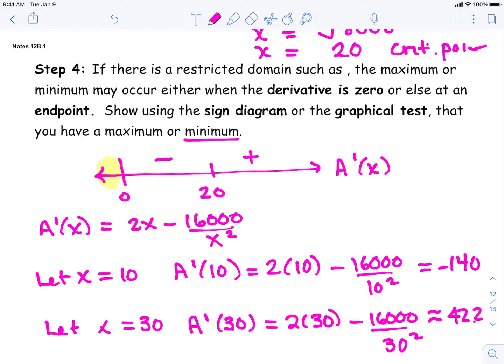So to the right of 20 and beyond is an increasing slope. So notice there is a sign change going from a negative slope, so it's decreasing, and then it changes signs to increasing. So this tells us that we have a local minimum at x equals 20.